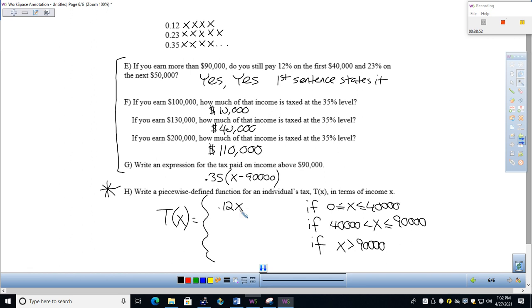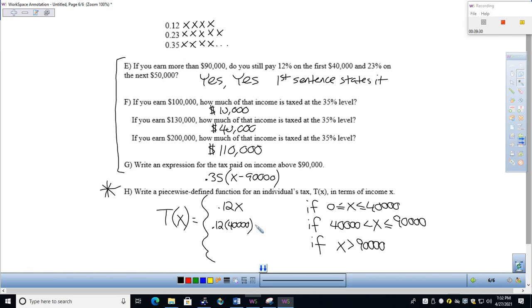Now, for the middle level, it gets a little harder. What I want you to do is look at your answer for part B, and then look at your answer for part D. So highlight that, B and D. So if I make more than 40 grand, wasn't the first 40 grand taxed at 12%? There it is, guys. There it is in my table. All of that is taxed at 12%. So it's 0.12 times 40,000.